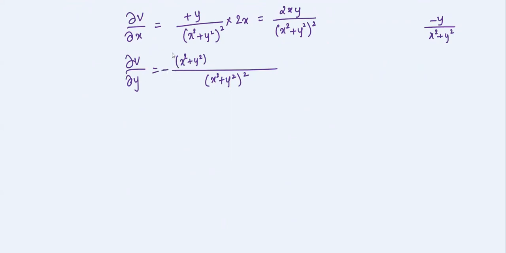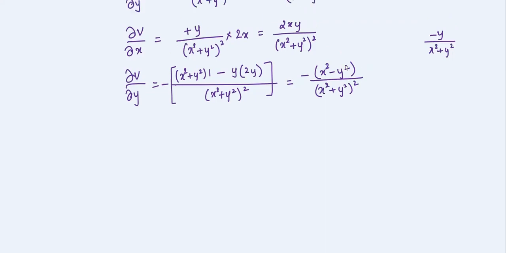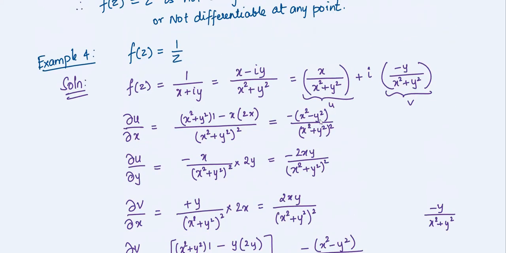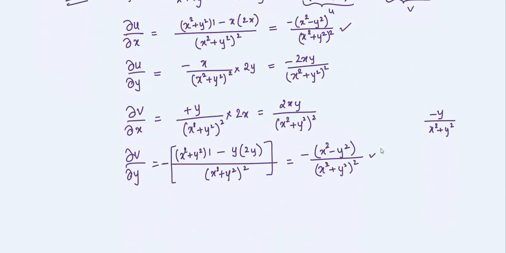I'll take this minus sign out, derivative of y, then y times differentiating the denominator with respect to y. So we get minus of x square minus y square upon x square plus y square the whole square. So observe here, this is minus of x square minus y square by x square plus y square whole square. And this is the same.